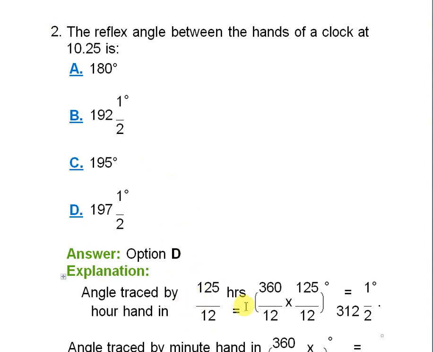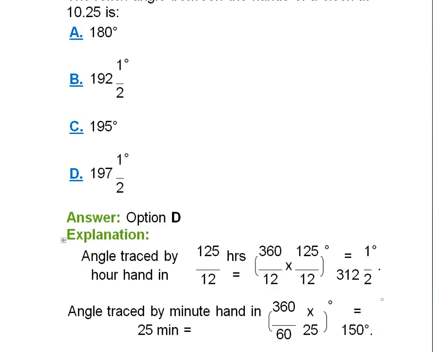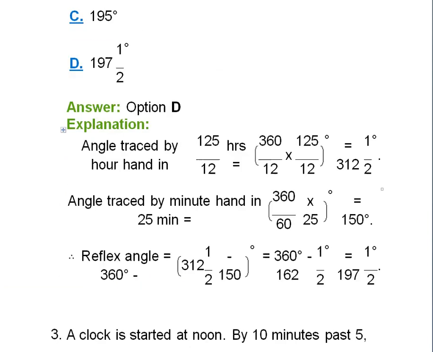What is the angle traced? In total you have 360 as the circumference of that clock, so you multiply 125 by 12 by 360 divided by 12, because there are 12 hours in total. That will be somewhat equal to 312 whole 1 by 2.